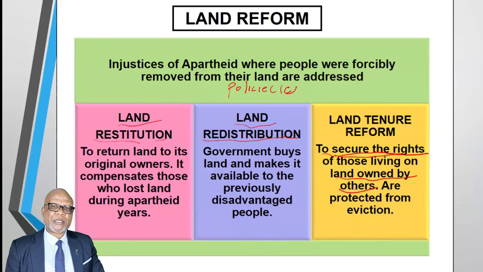Even if it is not theirs, they can be given alternative land. So you have restitution, giving land back; redistribution, giving land to the landless; and land tenure, protecting the rights of people to use the land, even if it's not theirs.